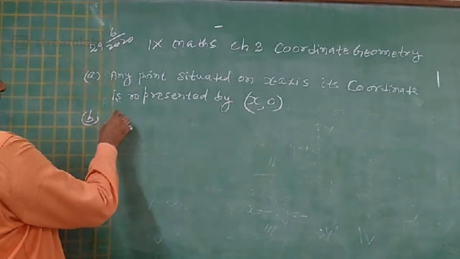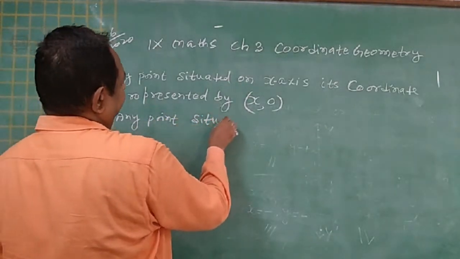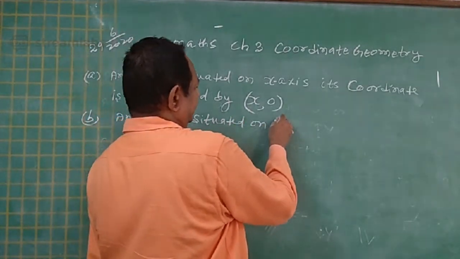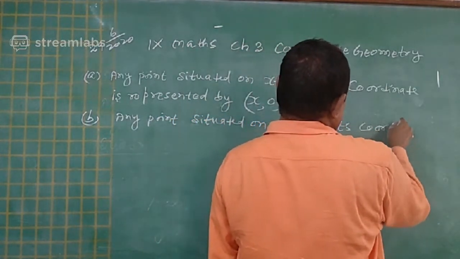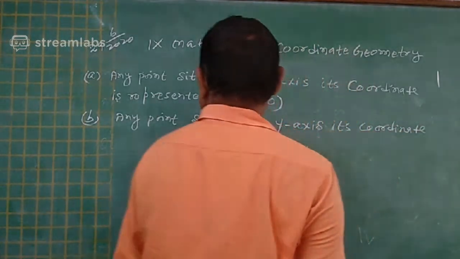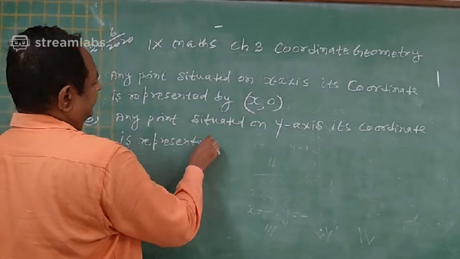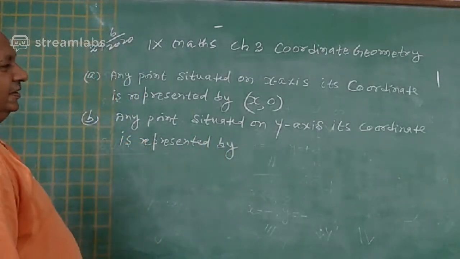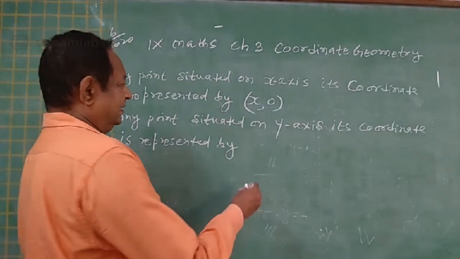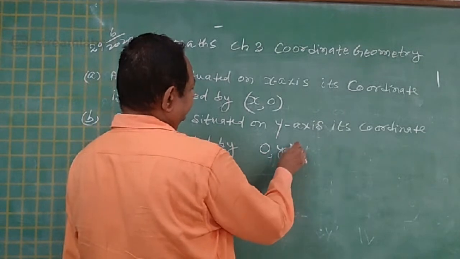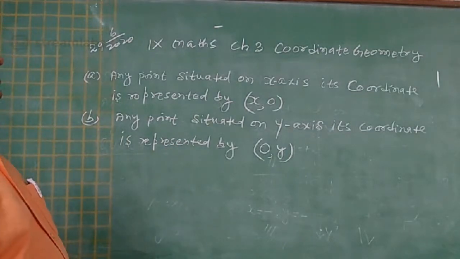Point number B. Any point situated on y-axis, its coordinate is represented by... when a point is situated on y-axis, its x coordinate is always 0, that is 0, y. So these are the main points of coordinate geometry.